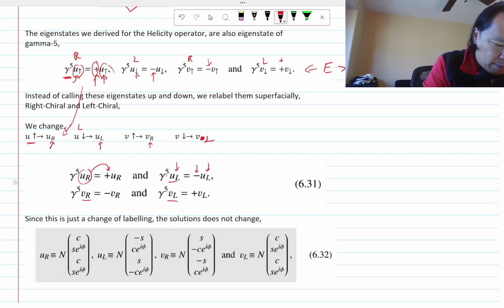Similar for the antiparticle, except the right chiral antiparticle will have an eigenvalue of -1. The left chiral will have an eigenvalue of +1 instead.